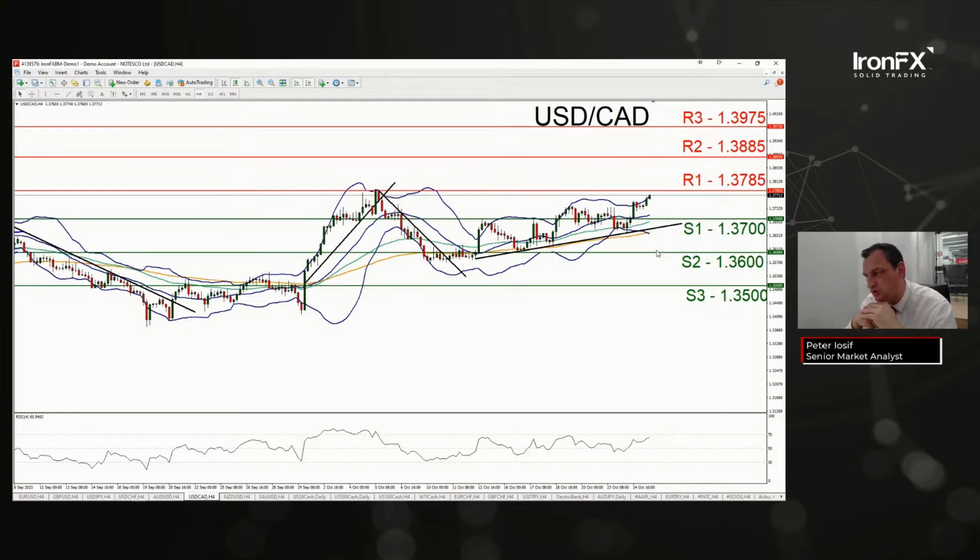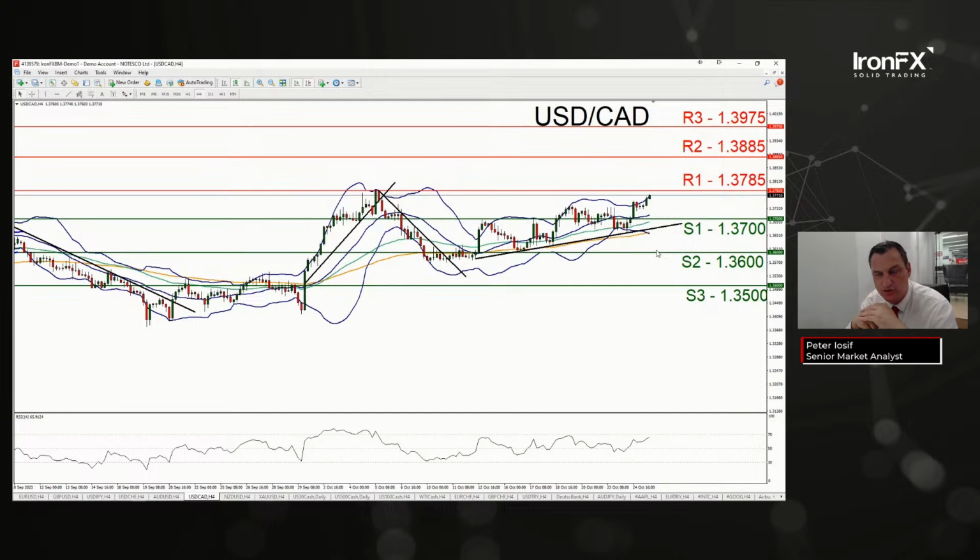Hence, should the bank actually remain on hold and issue a dovish statement, that could weaken the CAD somewhat, yet the market reaction may be more easygoing because it's a scenario which is widely expected.